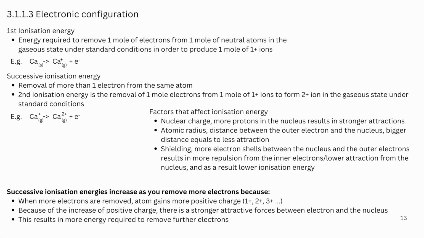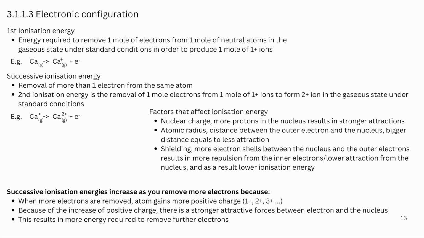Successive ionization means removal of more than 1 electron from the same atom. For example, second ionization energy is the energy required to remove 1 mole of electrons from 1 mole of 1 plus ions in the gaseous state to form 1 mole of 2 plus ions, also in gaseous state under standard conditions. There are several factors that affect ionization energy.